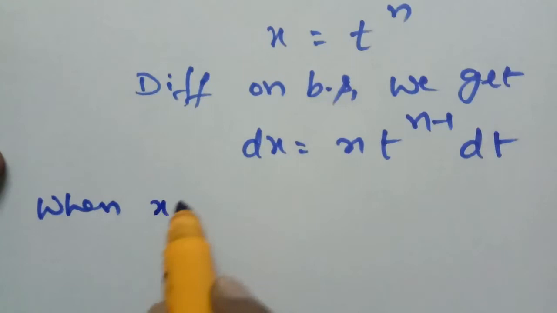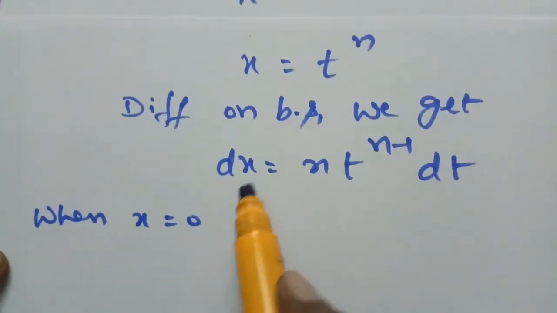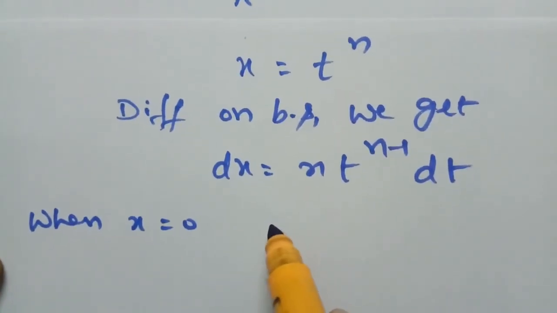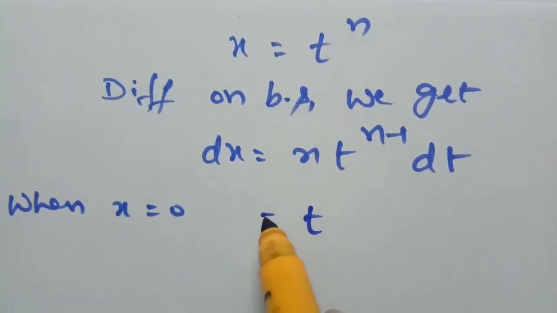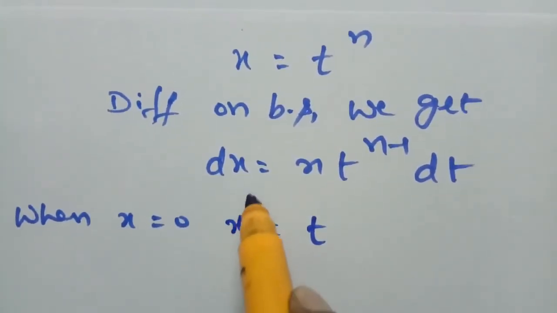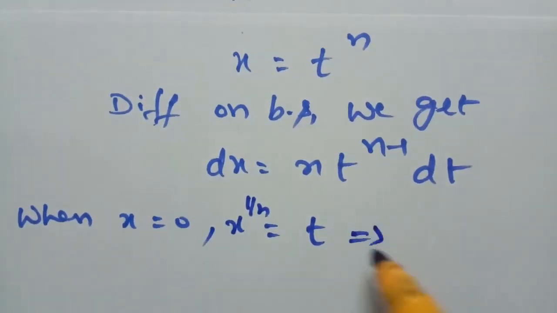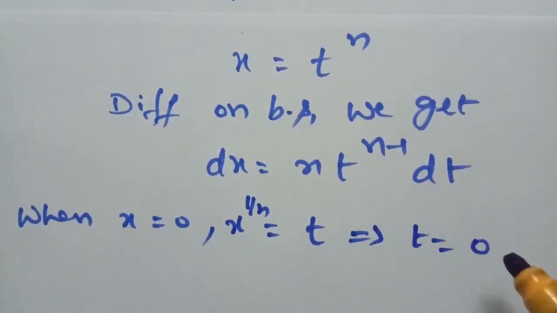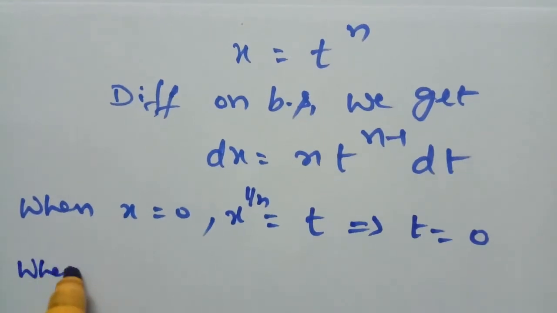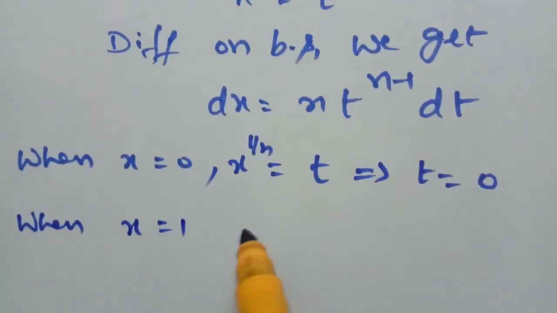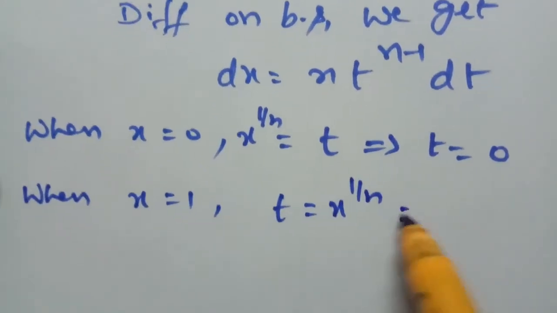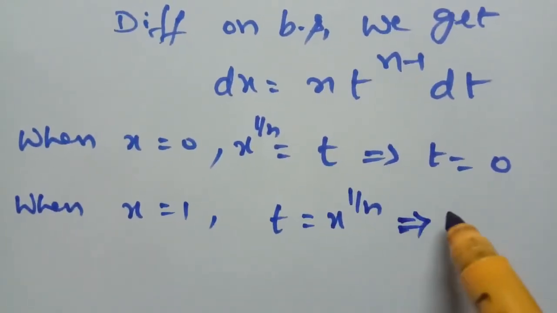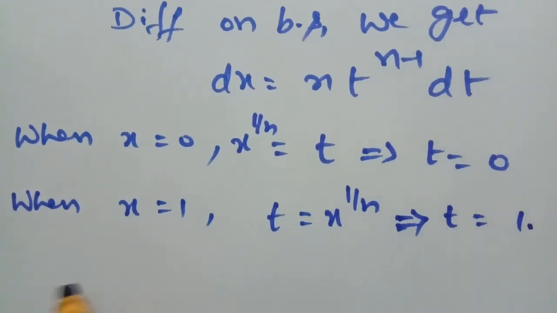When x is equal to 0, t is equal to x to the power of 1 by n, that implies t equal to 0. When x is equal to 1, t is equal to x power 1 by n, that implies t equal to 1.